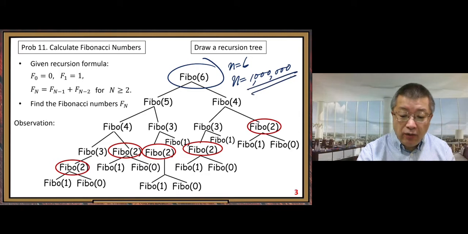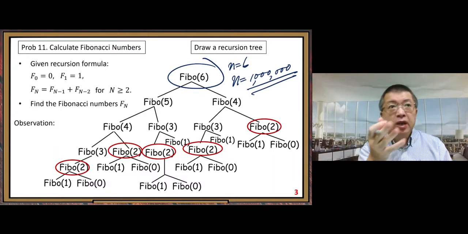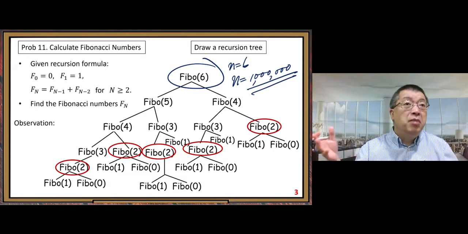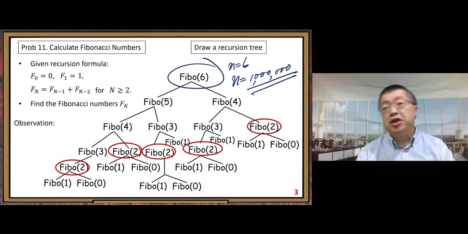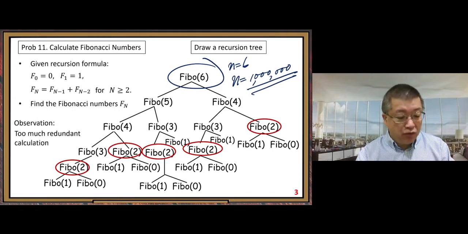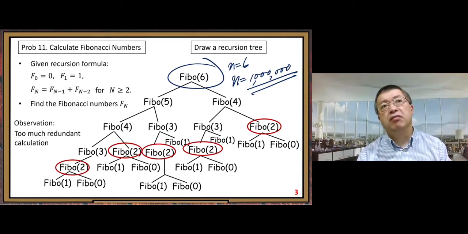In other words, when you have a problem size of 1 million, how many times do you need to calculate one particular smaller Fibonacci number? How many times? All right, so you get the main reason: too much redundant calculation.